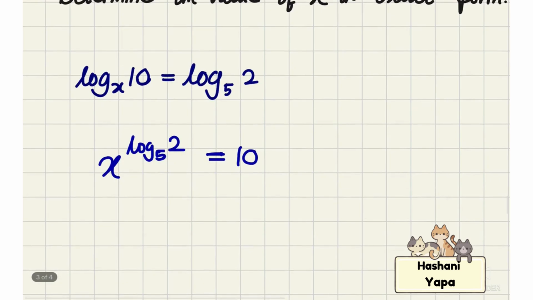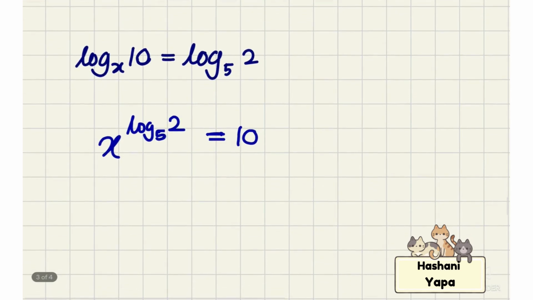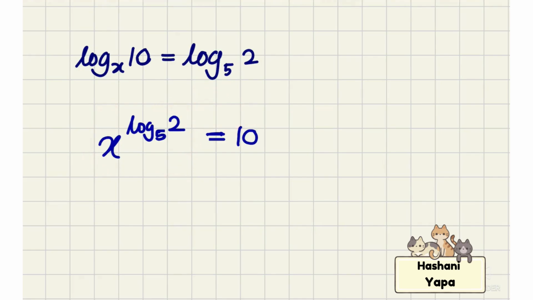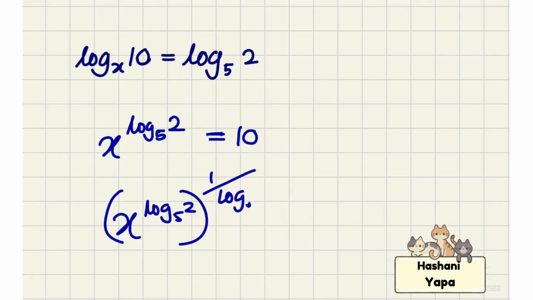Then what can we do? Now I told you in the previous question that we can multiply the power by 1 over the power to cancel the power. So let's do that. X to the power log 5 2, I can multiply it by 1 over log 5 2 equals, if I do that here, I have to do the same thing to the other side.